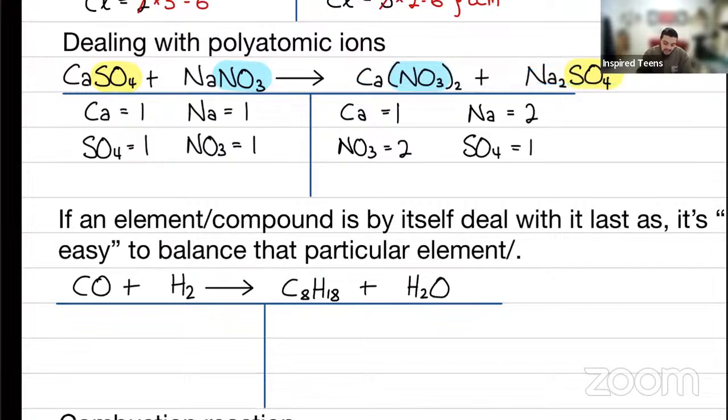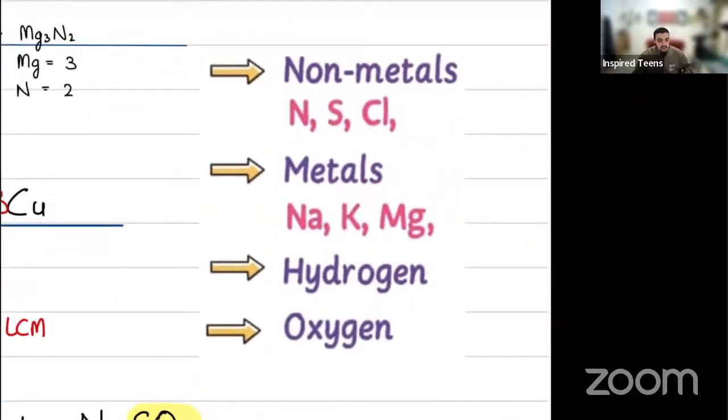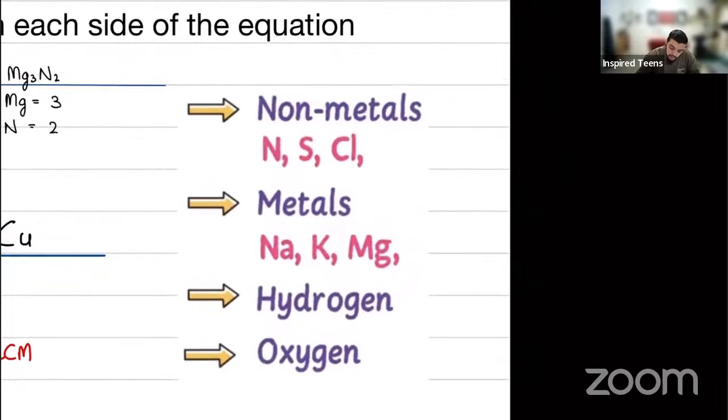Okay, so let us try and balance. Before we continue, I want to just discuss this list. This is a list that you can use as the order in which you balance your atoms.